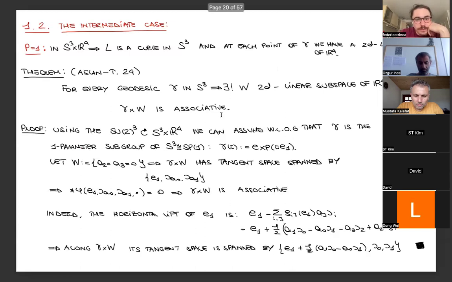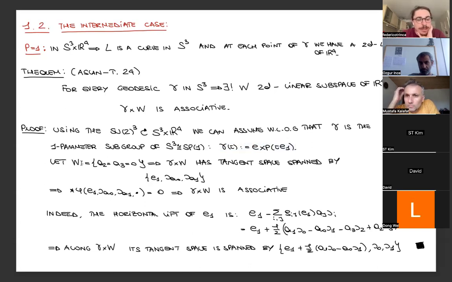Okay, the proof of this fact is quite straightforward, so I will do it here. Using the symmetries of the space, we can assume without loss of generality that gamma is a one-parameter subgroup of S3, which is given by the exponential of tA1.